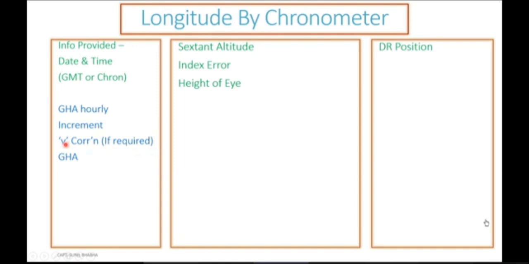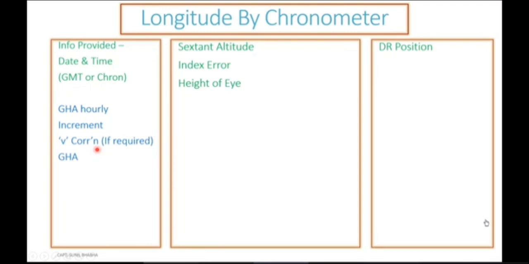And once you combine all three of them, increment is always added, whereas V correction could be plus or it could be minus. It is negative only for one planet, that is Venus. It could be negative, it could be positive. However, in most of the pages in the 1992 almanac, the selected pages which we have, the V correction for Venus is negative.